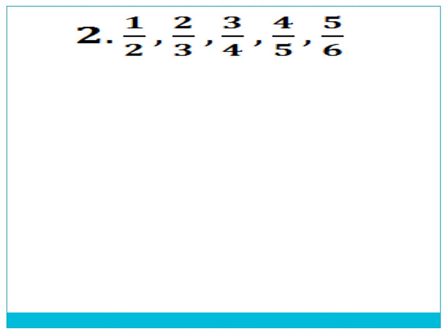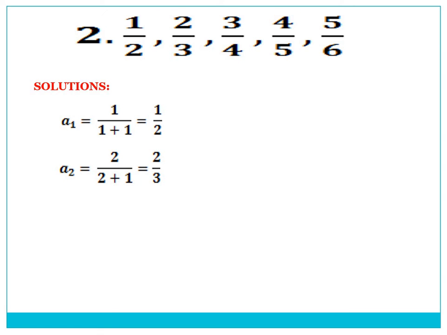So let's have the number 2 example. You have 1/2, 2/3, 3/4, 4/5, and 5/6. So let's have the solution. A sub 1 equals 1 all over 1 plus 1, which is equal to 1/2. A sub 2 is 2 all over 2 plus 1 equals 2/3. A sub 3 is 3 all over 3 plus 1 equals 3/4.